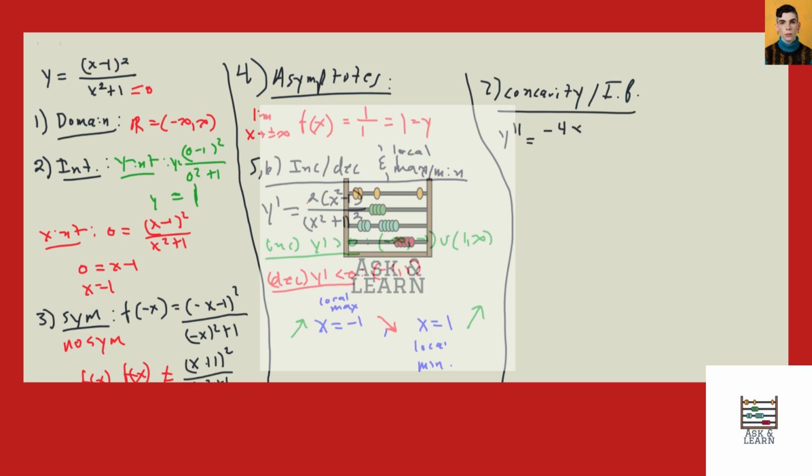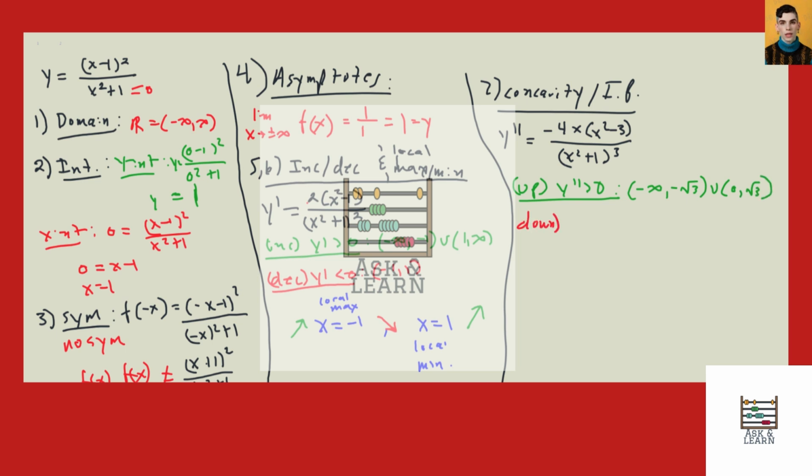So we have negative 4x squared minus 3 all over x squared plus 1 cubed, for y double prime. Now it's going to be concave up when y double prime is strictly larger than 0. And that is going to be the interval negative infinity to the negative square root of 3, unioned with 0 to the square root of 3.